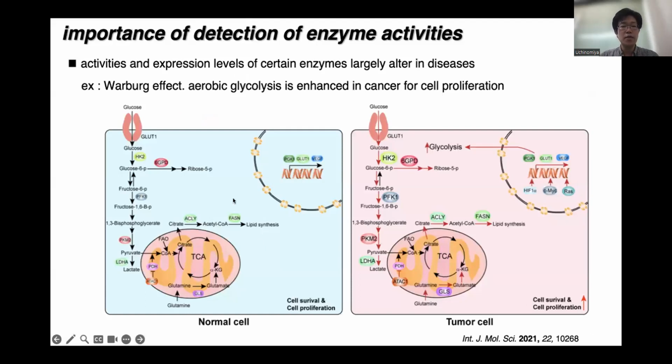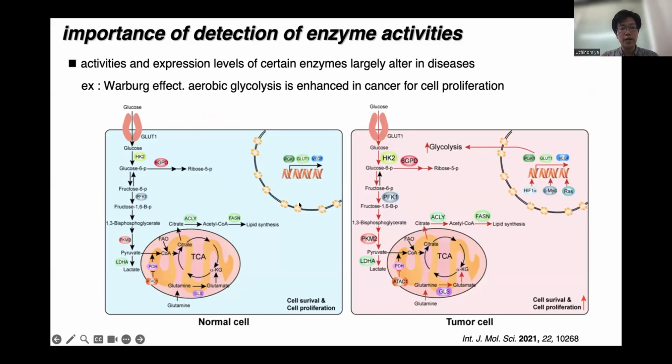And importantly, the activity and expression level of certain enzymes change largely in diseases. For example, in cancer cells, glycolysis is enhanced for rapid cell proliferation.